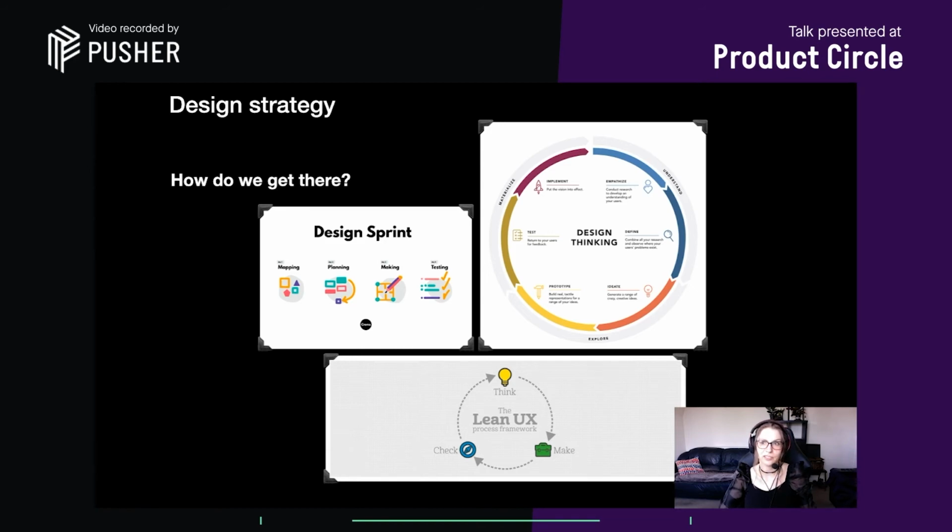Personally, I prefer design thinking because it includes that quite important step to me, which is empathize. Yeah, but it depends what your company capabilities are. For example, design sprint, you can run along the Agile Scrum teams. Yeah, just pick one, whichever suits you best.